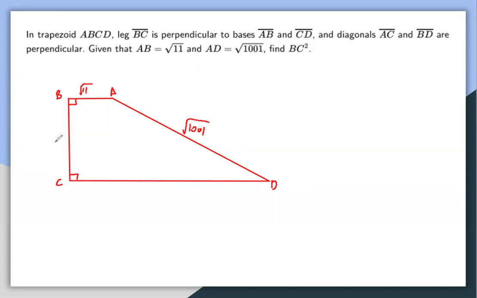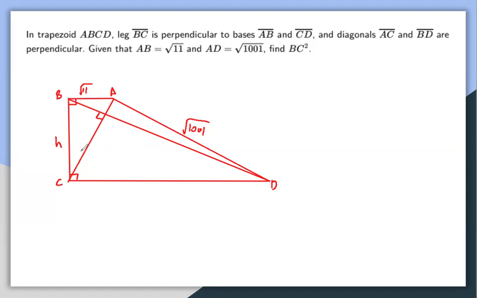Okay, so now let's say this is H, which we are interested in, and we need the diagonals to be perpendicular as well. This does not really look perpendicular, but if I drag this A to the left a bit more, that will actually be good looking.